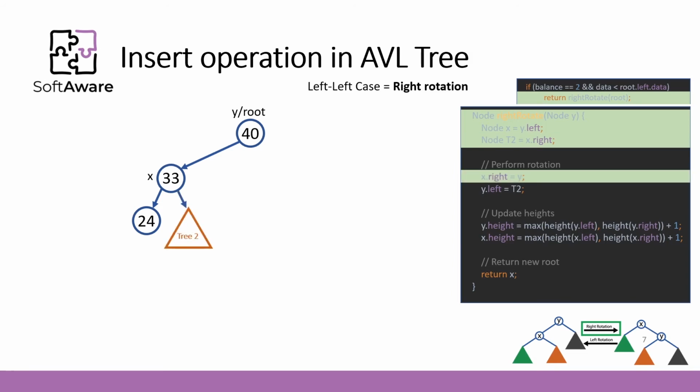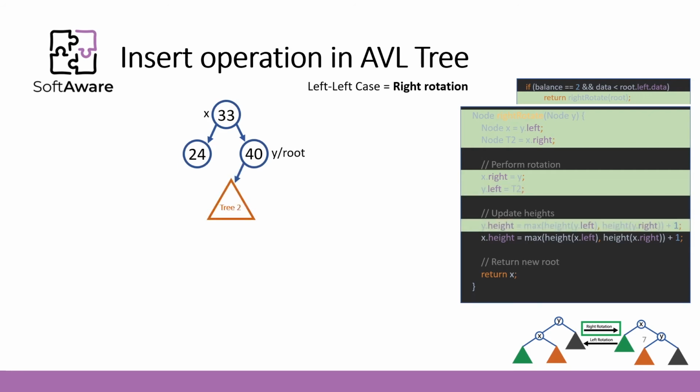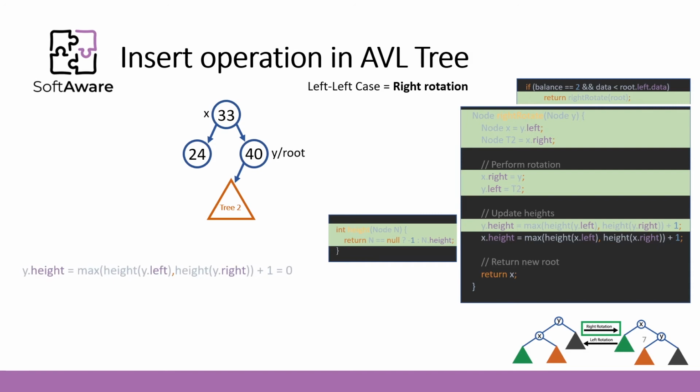So we perform rotation here. X.right becomes y, which is our root. Y.left becomes our T2. We update heights of moved nodes, so node y will have height of 0 since maximum will return -1 and -1 plus 1 will return 0.